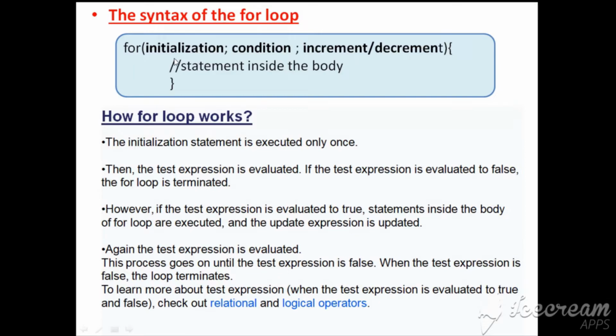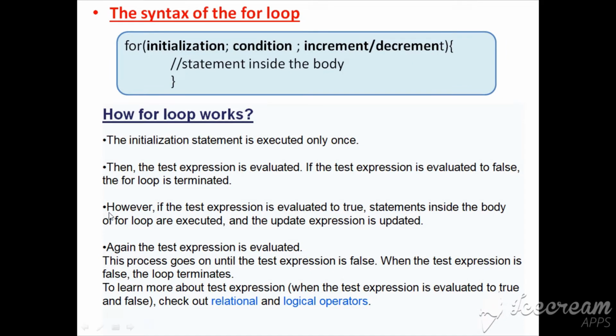If this condition is satisfied, it automatically increments or decrements the initial value. Okay, then it executes the statement. If this condition is satisfied, it executes the statement inside the body of the for loop, otherwise it does not. However, if the test expression is evaluated to true, the statements inside the body of the for loop are executed and the update expression is updated.